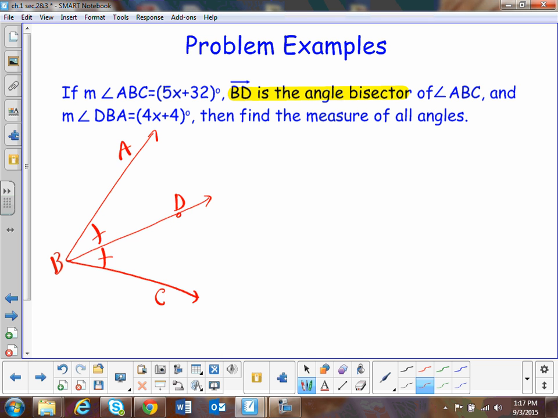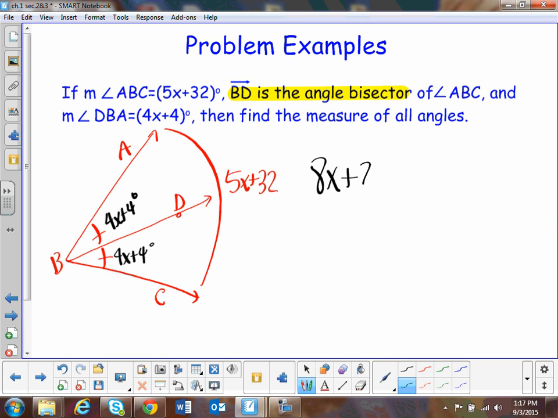So the whole thing, ABC, is 5x plus 32. And DBA is 4x plus 4. Well, these two are congruent, so I'm going to just write that again, 4x plus 4. So when you make a picture, it makes things easier. So 2 of 4x plus 4 is 8x plus 8. I'm going to set that equal to the whole thing, 5x plus 32.